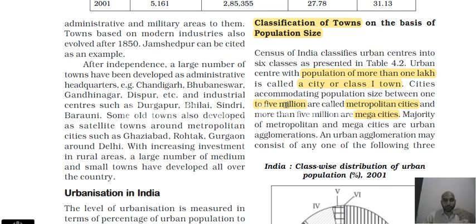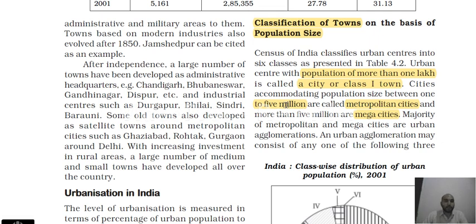So classification of towns on the basis of population size, you will find three kinds of city. One which is known as a city or a class 1 town, where the population is more than 1 lakh. Second is metropolitan city, where the population is between 1 million to 5 million.